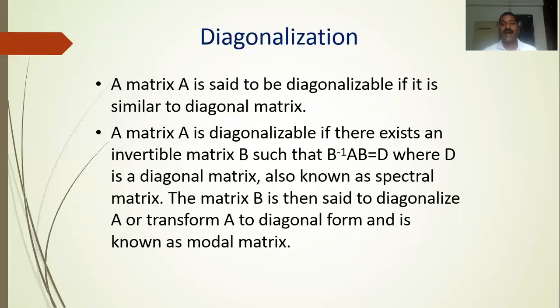Now, the issue is how to find that B inverse. Given A, how to find that B inverse? For that, I need to find the model matrix B. So, given A, how to find the model matrix B? Once you have B, then B inverse, if it exists, then the product B inverse into A into B will be a diagonal matrix.